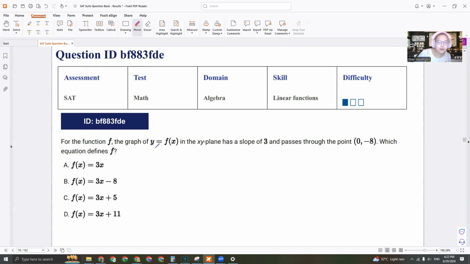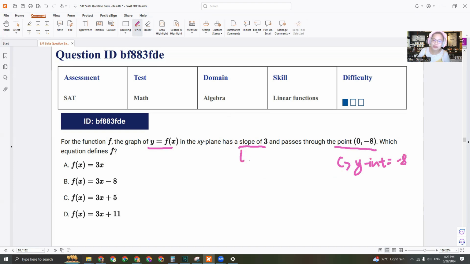This time we have y equal to f(x) in the xy plane, and we also have a slope, okay? And then it passes through the point (0, -8). And again and again, always remember when x is equal to 0, y represents the y-intercept. So we have y-intercept equal to -8.